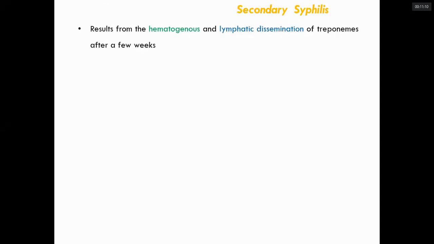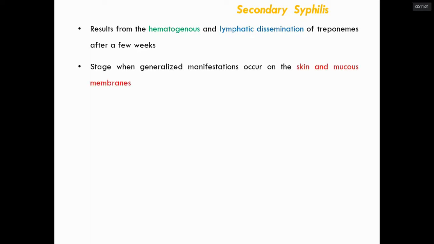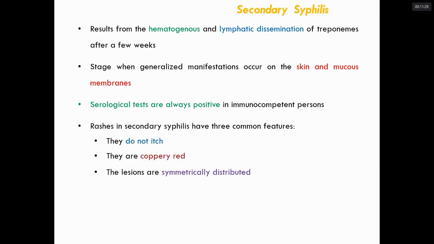And after the primary lesions appear, there appears the secondary syphilis. It results from hematogenous and lymphatic dissemination of treponemes. And in secondary syphilis, skin and mucous membranes both are involved, and serological tests are always positive. The typical clinical feature of secondary syphilis lesions is that they do not itch. There is no itching.